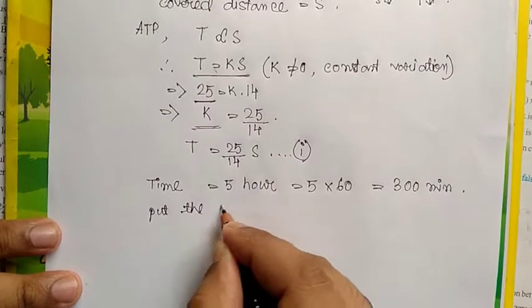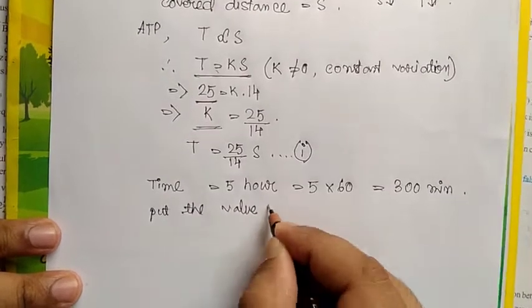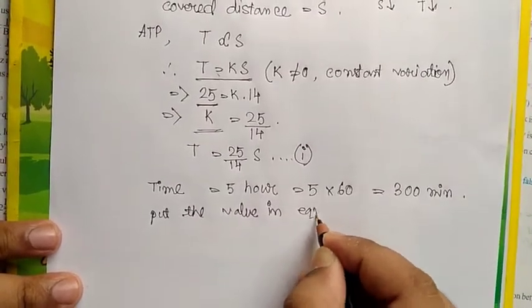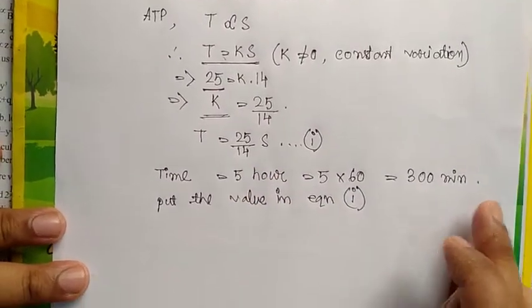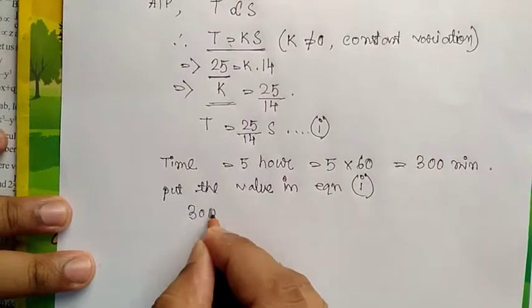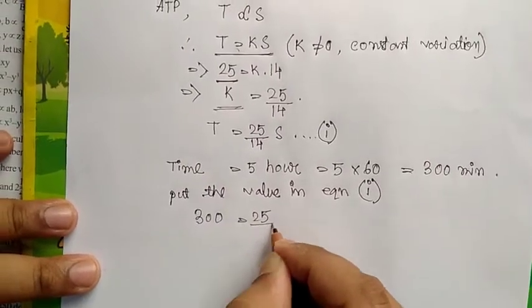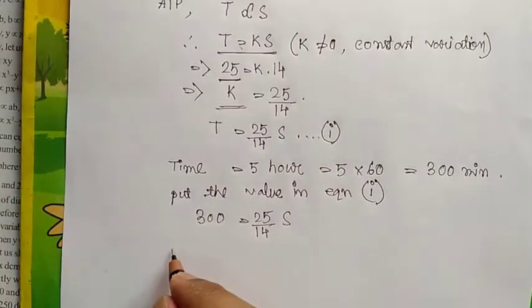So therefore we have to convert it into minutes, and after that put the value in equation 1, we get the time is 300 minutes. So therefore 300 equal to 25 by 14 s.